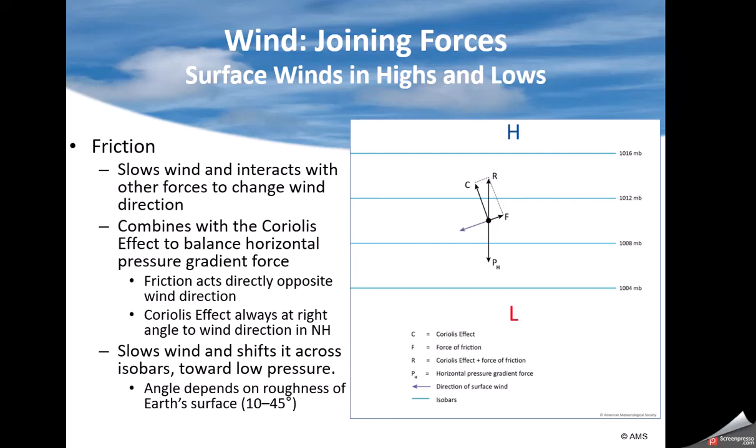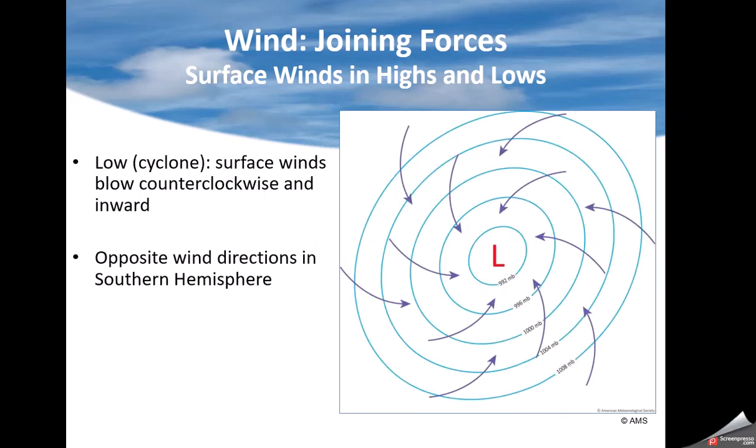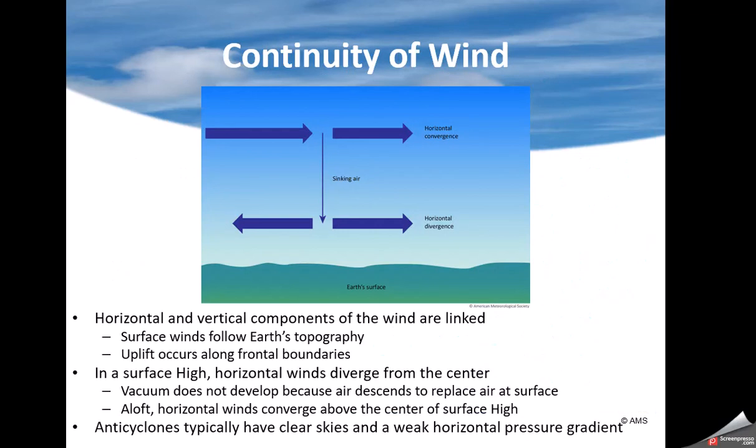If that happens, you're not turning the wind as much to the right, you wind up with wind blowing at an angle across the isobars towards low pressure. So there's some convergence towards low pressure and out away from high pressure. So here you can see it. It's not directly into the low pressure, but it kind of works its way in, and it's not directly out of a high pressure. And this is due to friction in the lower part of the atmosphere.